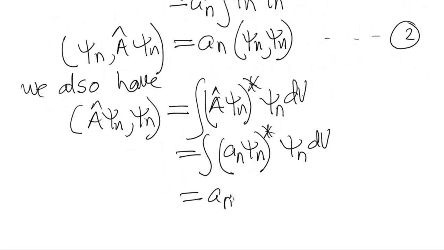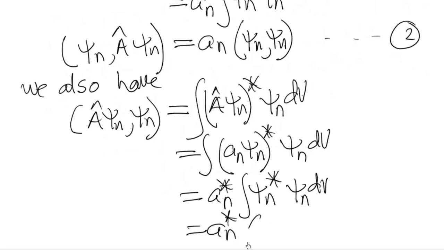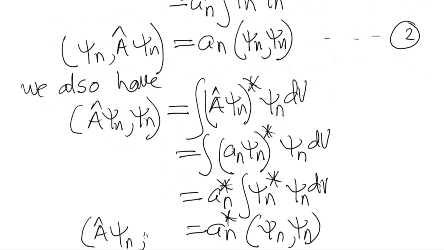Bring this outside, a n star, and this can be written as this. Let us suppose this is equation number 3.